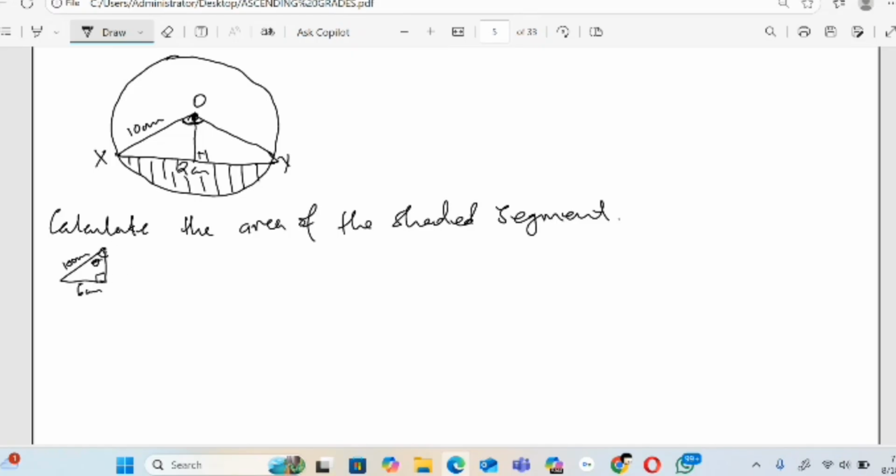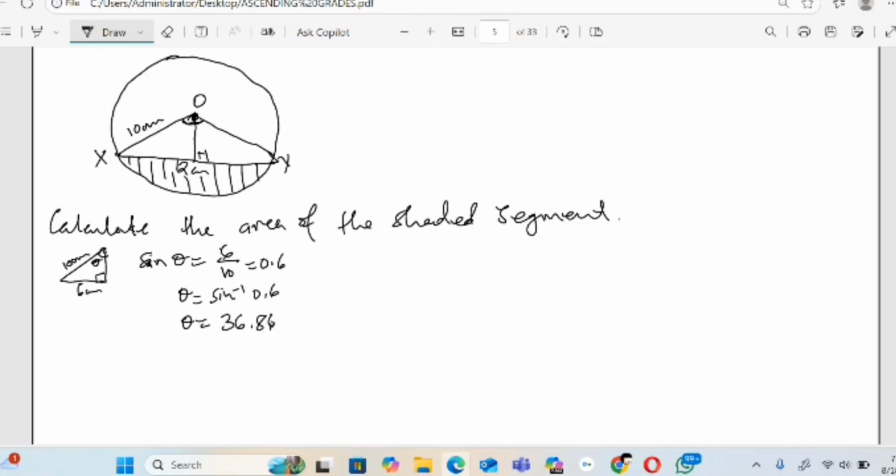So using the trigonometric ratios, sine theta will be equal to opposite over hypotenuse. The opposite for theta is 6 over hypotenuse, which is 10. So you get 0.6. So theta will be equal to sine inverse of 0.6, and our theta becomes 36.8699.